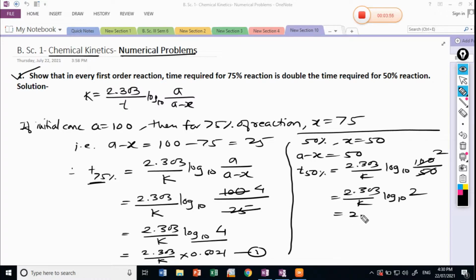Which comes out to be 2.303 upon k into 0.3010. This is equation number 2.